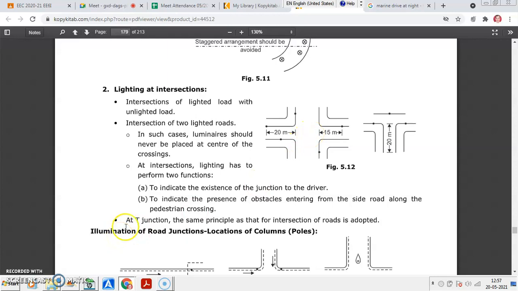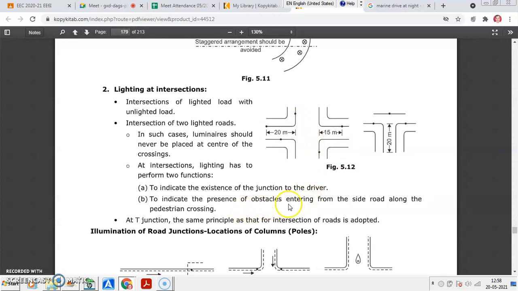At an intersection, lighting has to perform two functions. What? To indicate the existence of the junction to the driver, that there is a crossing or junction somewhere, that is to be identified. So you are having lamp posts here, here, here, here, provided 1, 2, 3, 4. So the driver will be able to understand the junction.